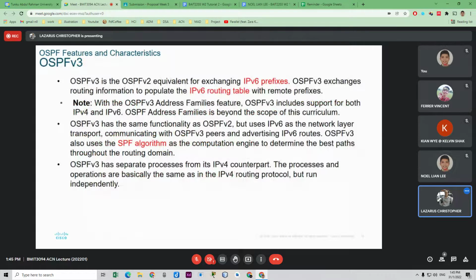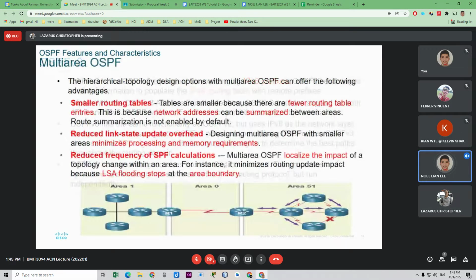So area zero functions as a middleman between all... No, not middleman. We don't think of area zero as connecting. Yes, it connects area one and area 51, but think about it this way: before area one and area 51 exist, let's say area zero was there.